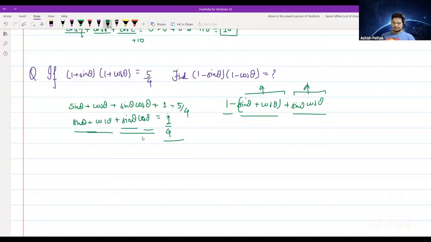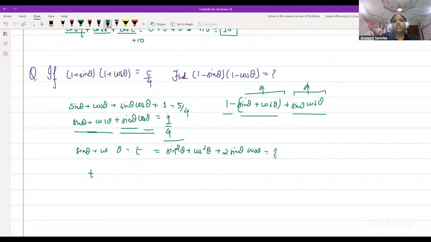So our assumption will be, let's take sine theta plus cos theta equal to t. Now, if I want sine theta into cos theta in terms of t, then I will do the squaring. Squaring will give you sine square theta plus cos square theta plus 2 sine theta cos theta, that is equal to t square.